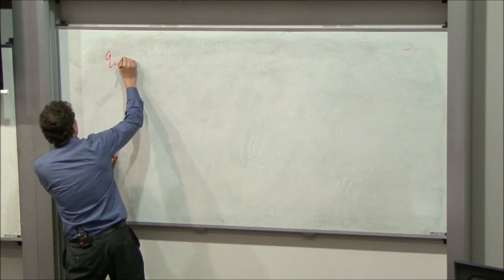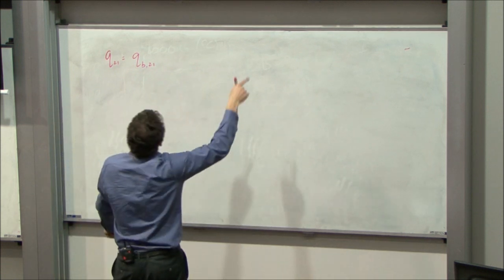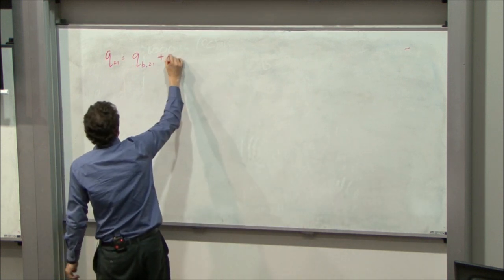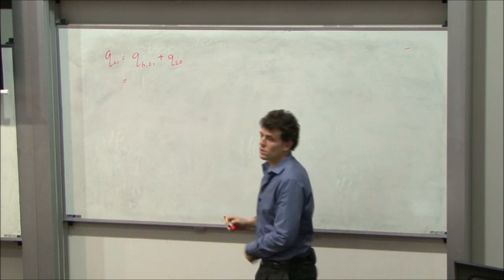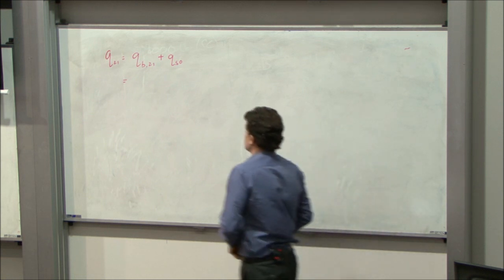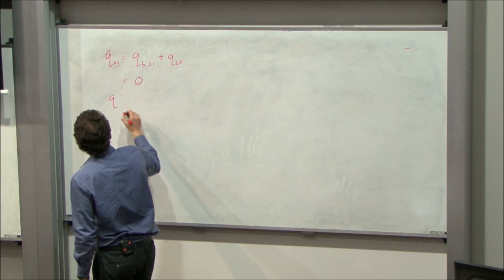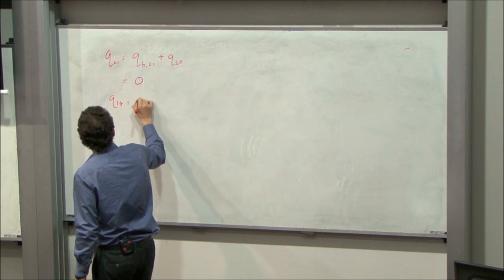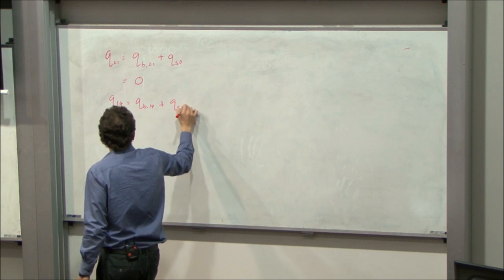So Q21 equals QB21 because we're in the clockwise direction plus QS0. So what have we got there for Q21? 0. Q1,4 equals QB 1,4 plus QS naught.